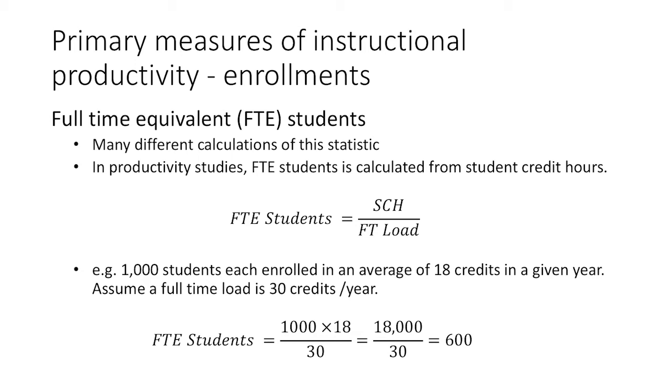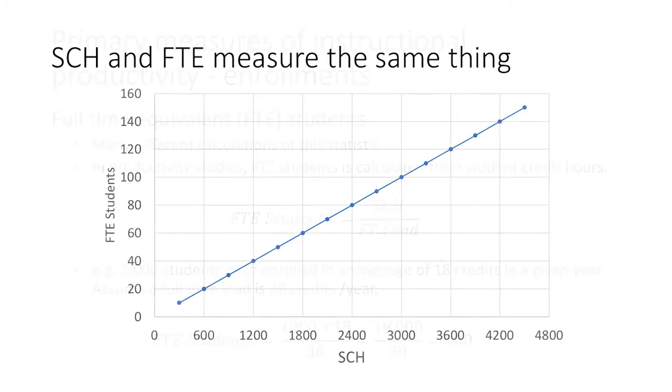And it converts student credit hours to a number that people just feel like they understand a little bit better, which is FTE students. Student credit hours and full-time equivalent students are variations of exactly the same thing. We say that one is a linear function of the other. And in this graph, I've plotted on the x-axis student credit hours, and on the y-axis converted those to full-time equivalent students.